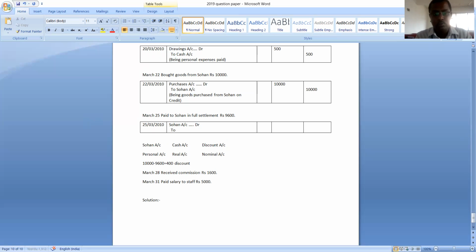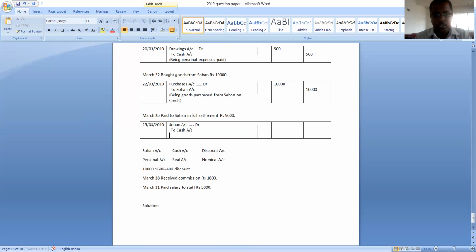Paid to Sohan means cash is going out of the business, so to cash account. Then we are getting a discount from him: instead of paying 10,000 rupees, we are paying 9,600, so we are getting a discount of rupees 400. For us, it is income. Understood?